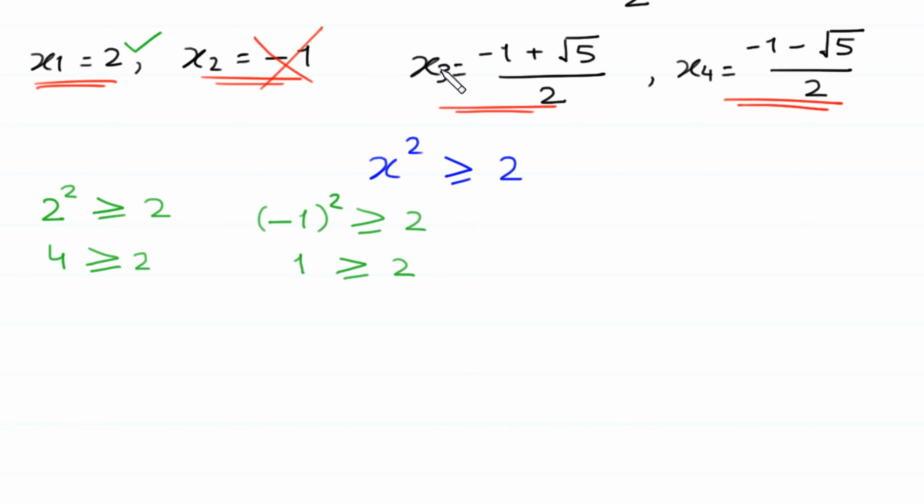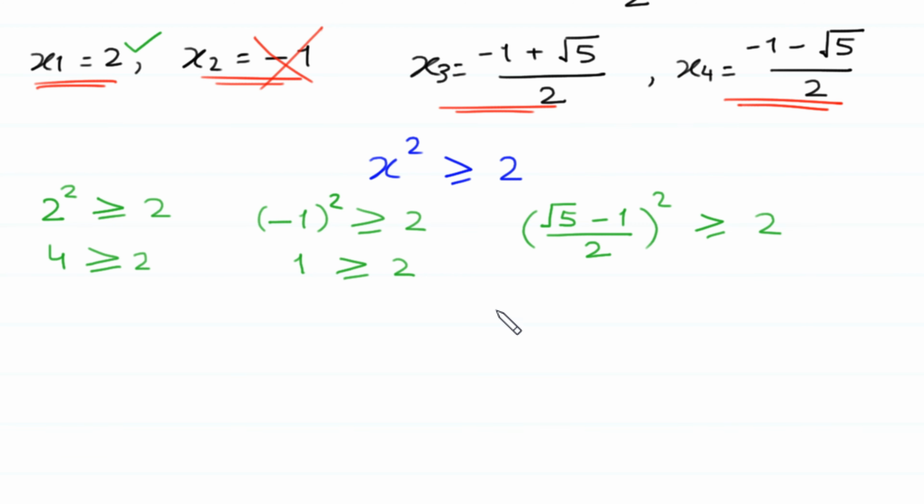Now we check the third one, that is -1 plus square root of 5 over 2. In place of this x we put this value. We can write this -1 plus square root of 5 over 2 as square root of 5 minus 1 over 2. We take the square of it because here we have x square is greater than or equal to 2.